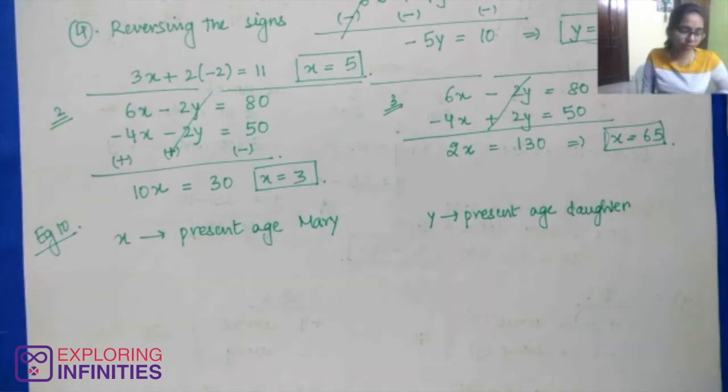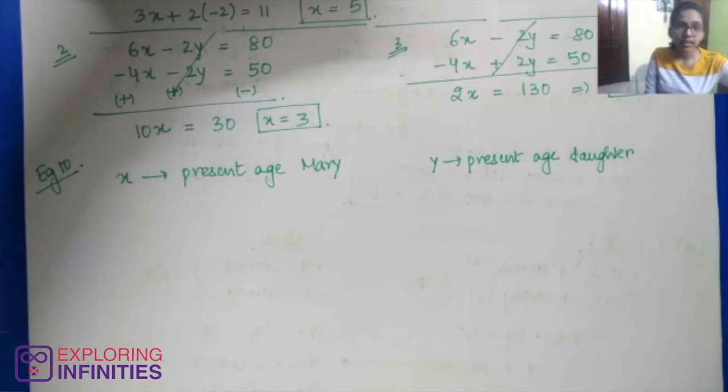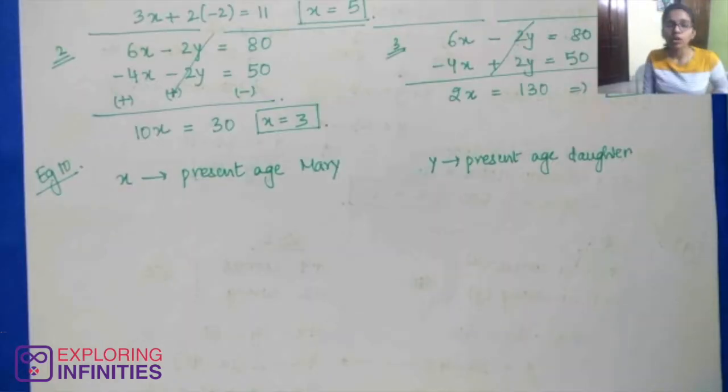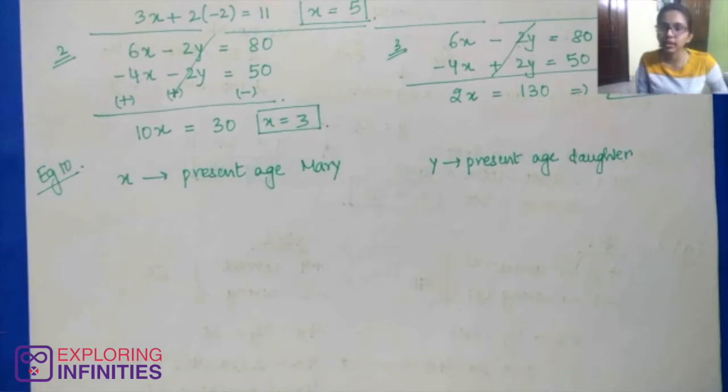Now the question says 7 years ago. 7 years ago means whatever your age is right now, you minus it by 7. For example, I'm 30 years old. If I ask you what was my age 7 years ago, what will you do? You have my present age, that's 30.